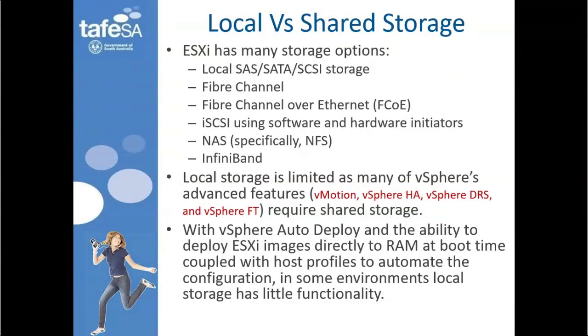If your computer was an ESXi host, when it boots up, we can use Auto Deploy so that it boots from the network, downloads the ESXi image, puts it into RAM, not hard drive, and runs in memory only.